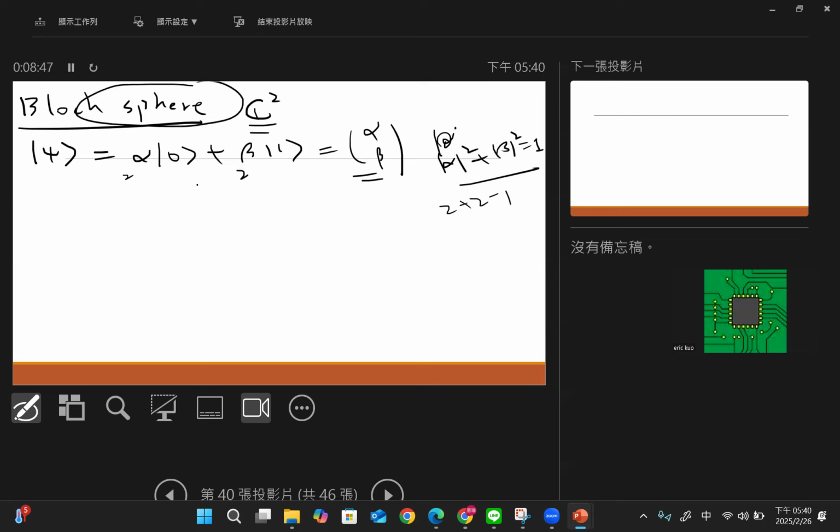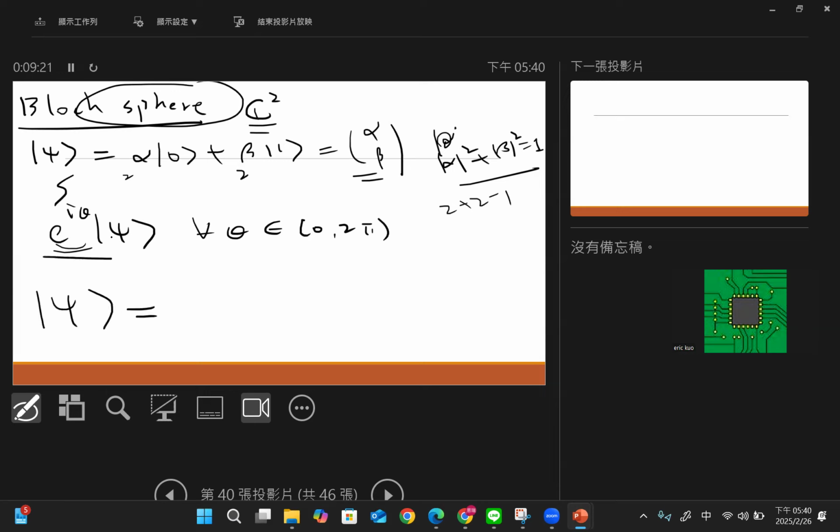The reason is that this state, which I write as alpha |0> plus beta |1>, should be identified with any complex phase e to the i theta times psi, for any theta in 0 to 2 pi. So I can do a kind of gauge fixing, fixing this coordinate. I can use this extra phase to remove a degree of freedom.